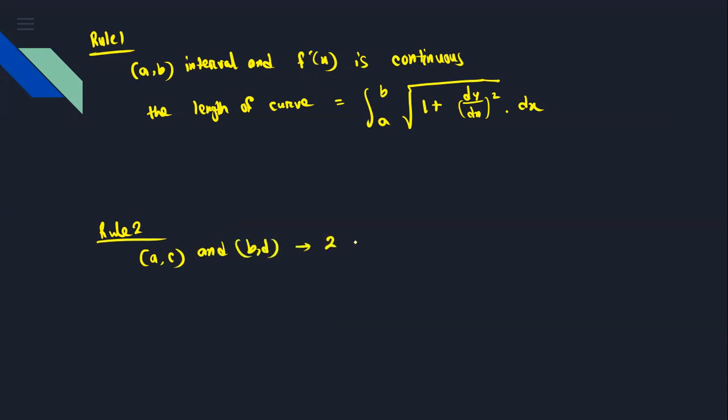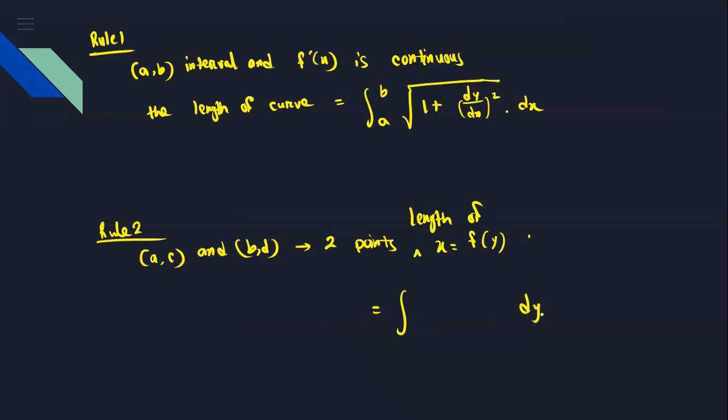In rule number 2, we can write, if we have an interval a to c and b to d, these are 2 points. Then if we want to calculate the length of the curve, let's say x is equal to f of y. The formula will be, look, here y is independent, so you have to integrate with respect to y.